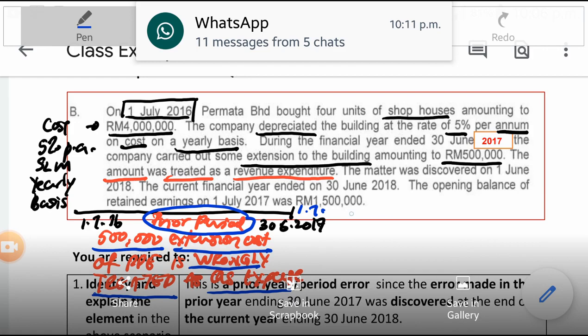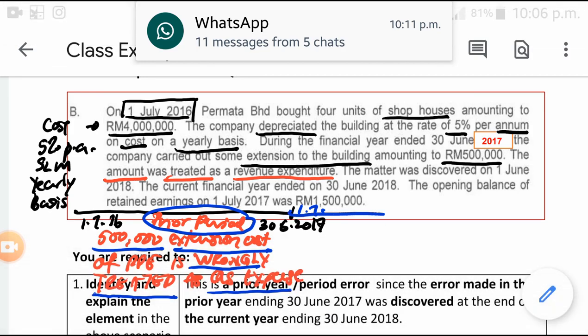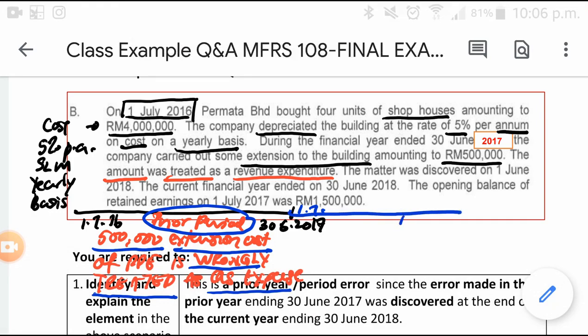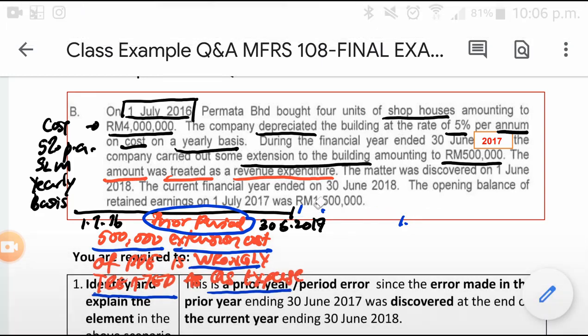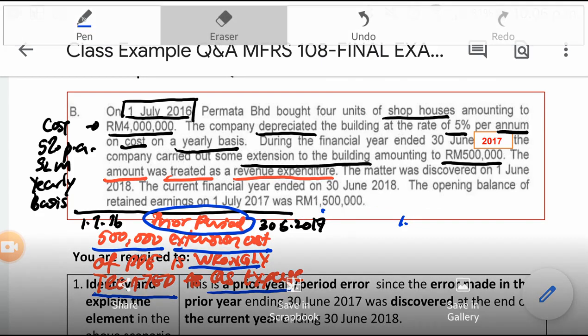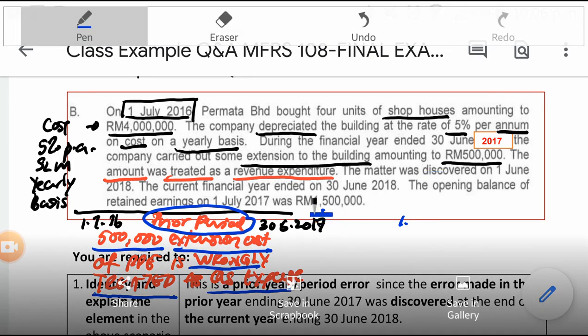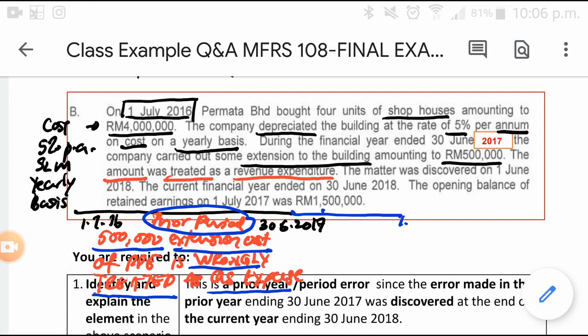So you discover it here, on 1st of June 18.